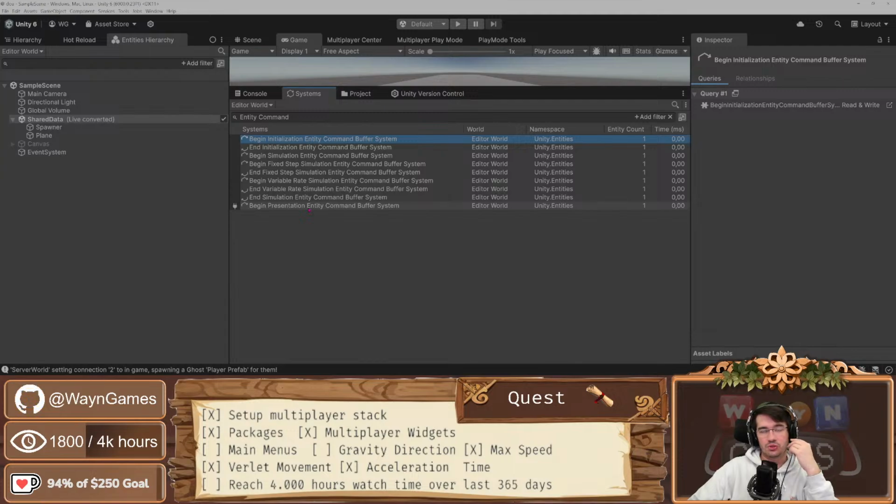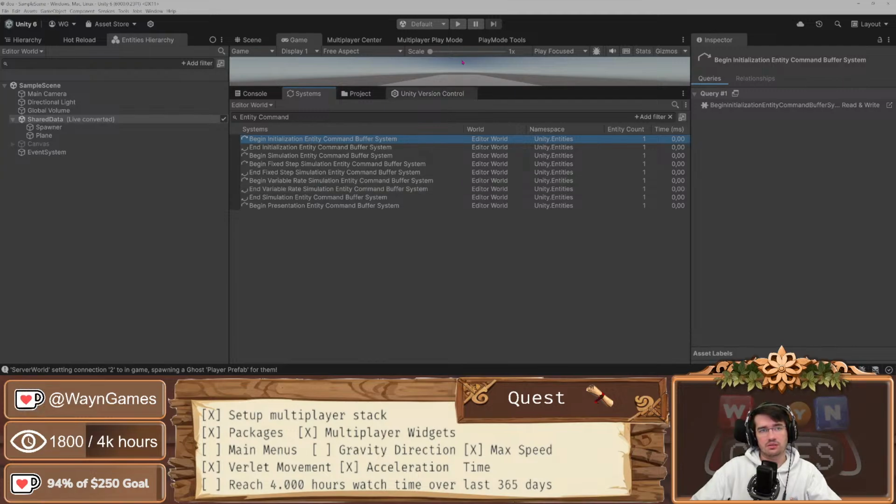Your only other option is to, but you can't do a structural change with that. Your only other option would be to not rely on the existing command buffer and do it yourself with like a native stream or native queue or whatever.